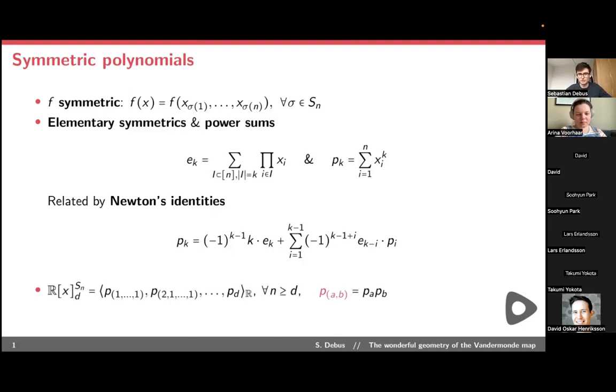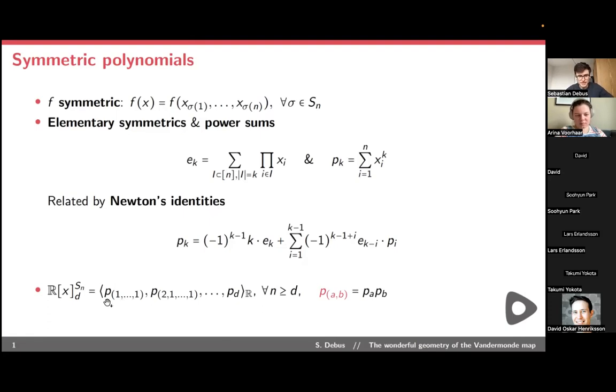So another observation. We consider now the homogeneous part of degree d of the ring of symmetric polynomials in several variables, with the number of variables larger than the degree. And then we choose products of power sums as a vector space basis.